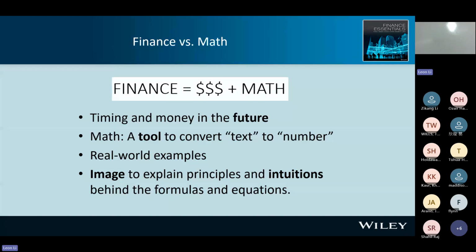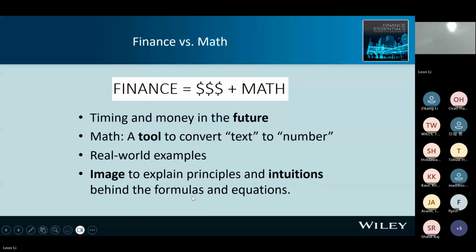So our focus is money. For me, math is a tool to convert the text information to numbers for finance decisions. So our focus is money. Math is just a tool. But I will make the tool, the math, easy, because I will focus on the intuition behind the formula.